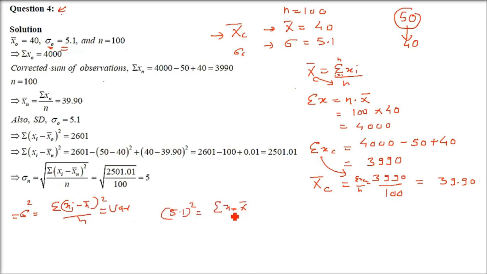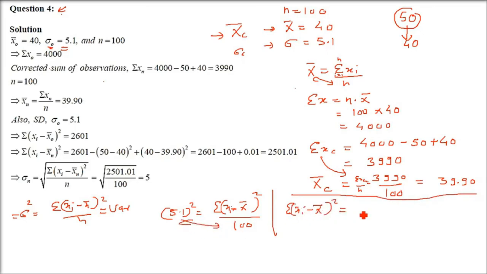So sigma xi minus x bar, just subtracting each element from x bar, and it is squared, now divided by 100. So sigma xi minus x bar whole square is 100 into 5.1 whole square. So 5.1 whole square into 100 is going to be 2601. When you multiply, it's going to be 2601.